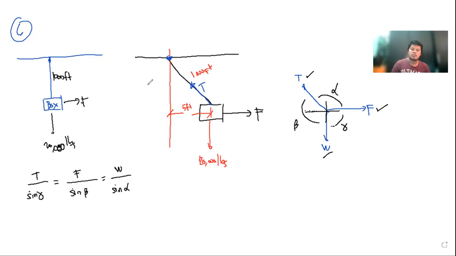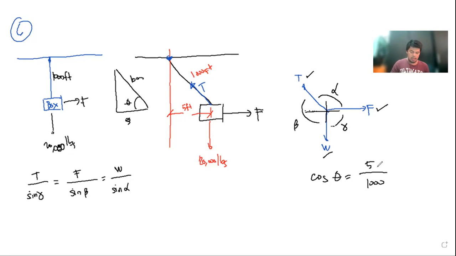So this is where we can make use of the distances given. If you take a look at this one, this is 1,000, and then this is 5, and then this is theta. So how do we calculate theta? Cosine of theta is 5 over 1,000.